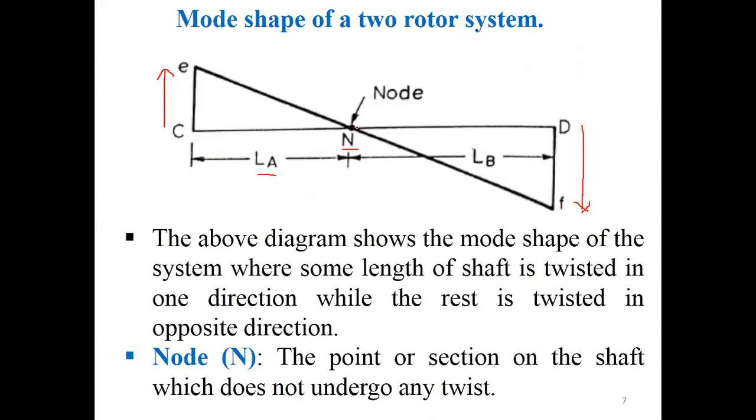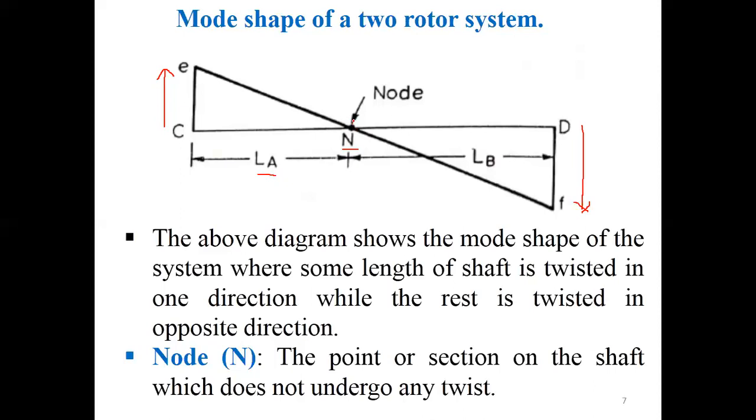A node is that particular point on the shaft which does not experience any twist, which means neither clockwise nor counterclockwise motion. In other words, a node is a point whose amplitude is equal to 0. That means the node will remain in the equilibrium position.